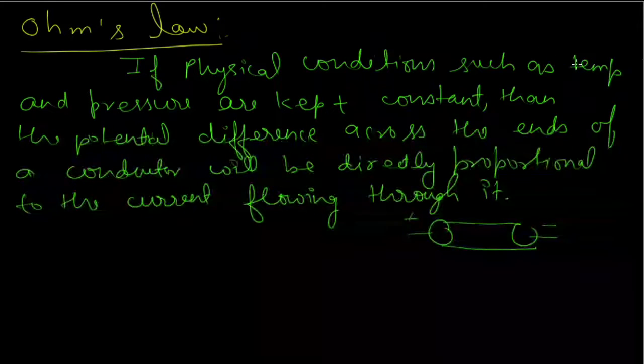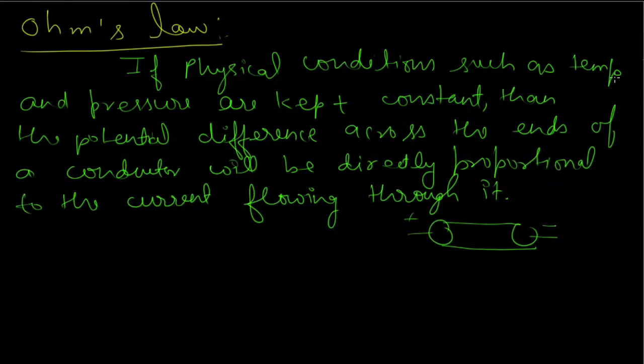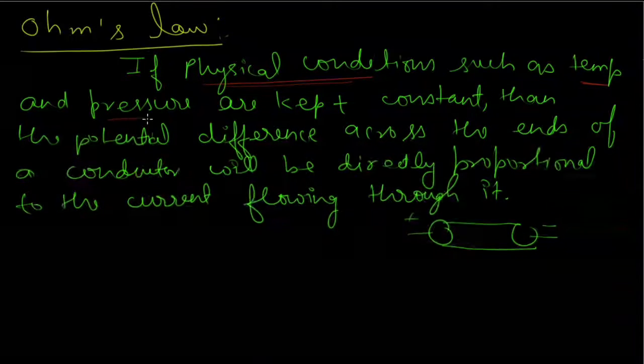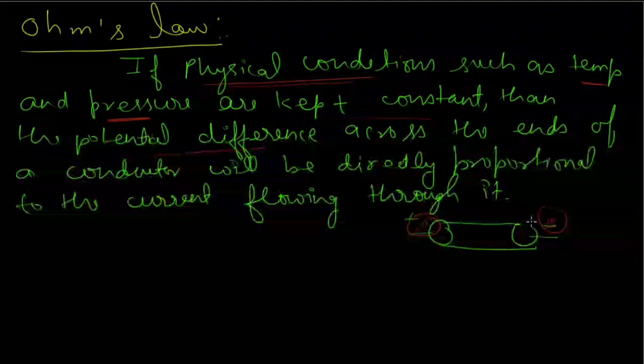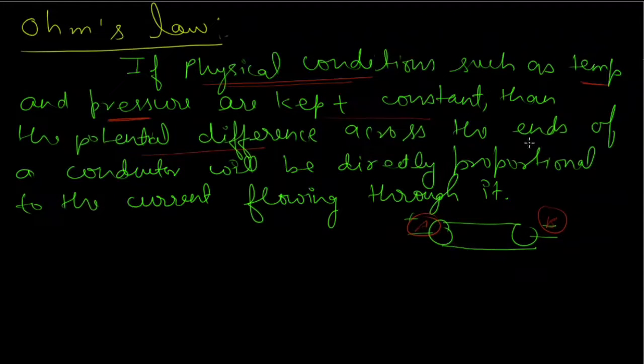So according to Ohm's law, if physical conditions such as temperature and pressure are kept constant, only in that particular case the potential difference across the ends A and B will be directly proportional to the current flowing through it.